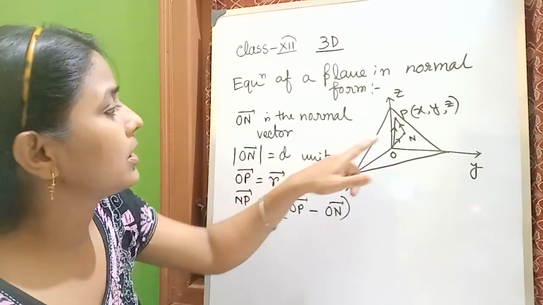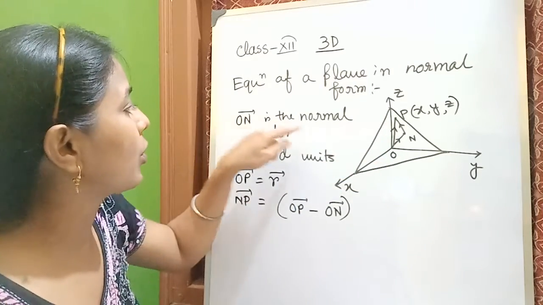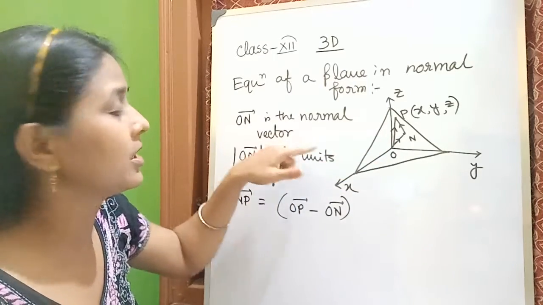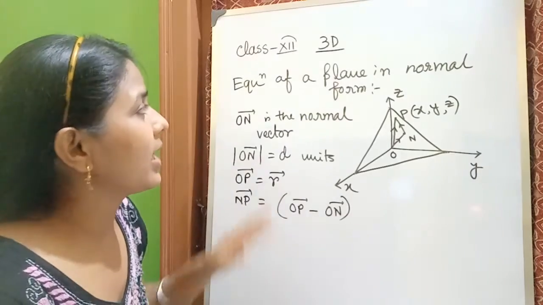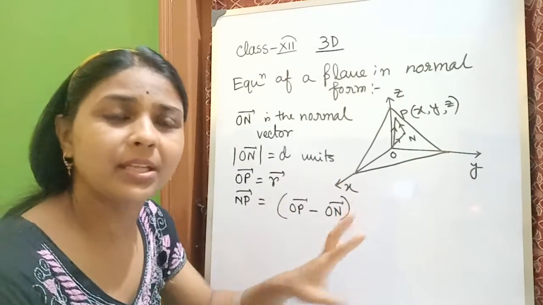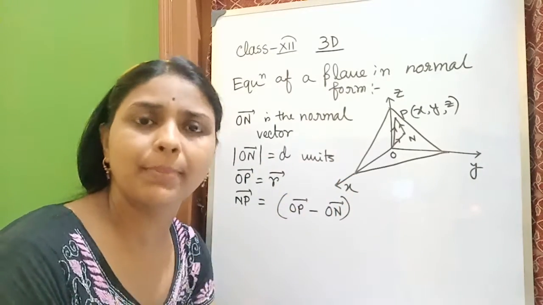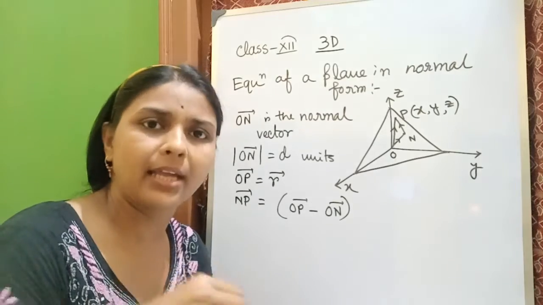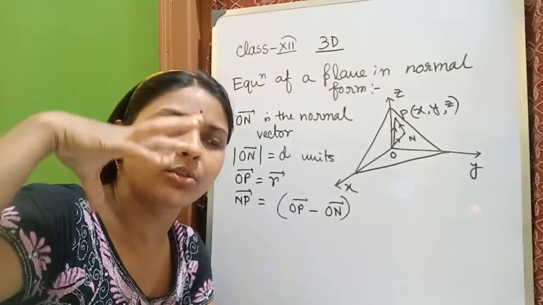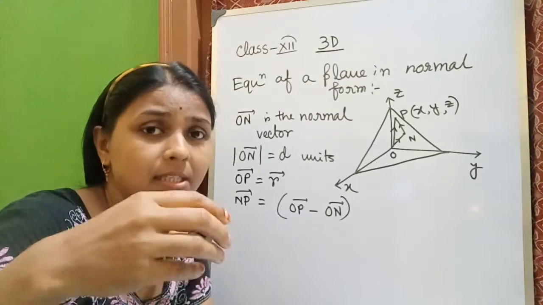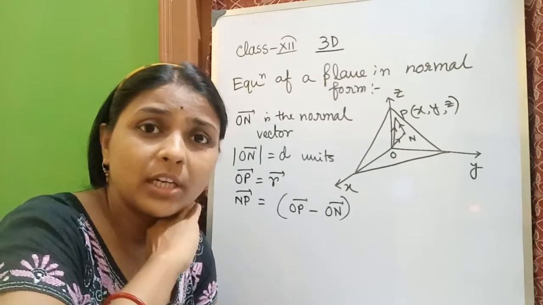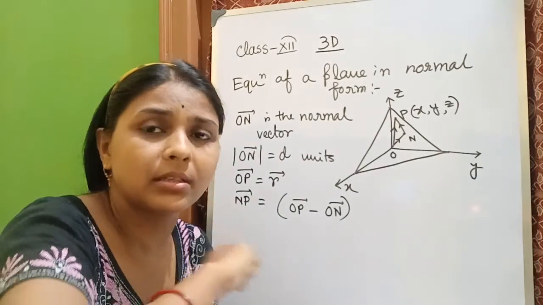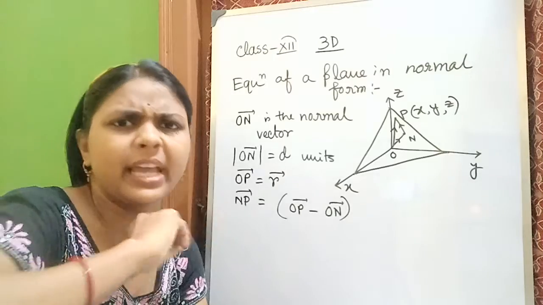Now the ON vector is a normal vector to the plane. A normal to the plane means a line perpendicular to the plane, and it is perpendicular to all lines on the plane in any direction.